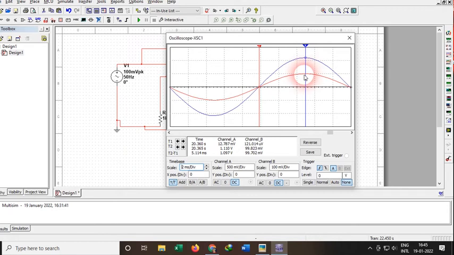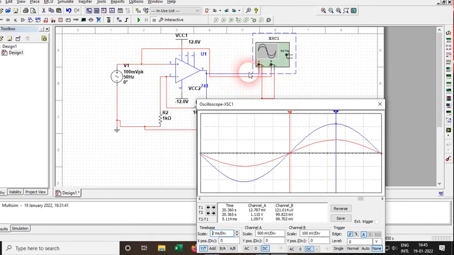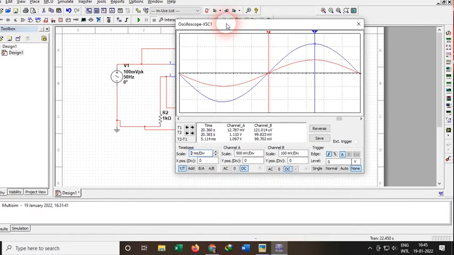Now, this blue waveform is present in channel A, where I have taken the output of this IC. So just check here for channel 1. The starting point is currently at around 12.787 millivolt. Just leave it. Now check at this T2 part, which is the second cursor.